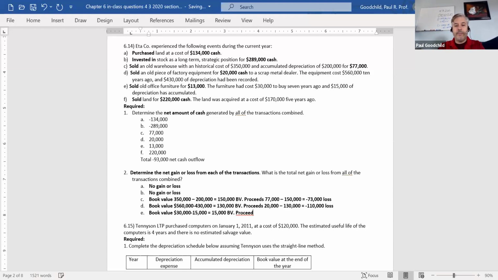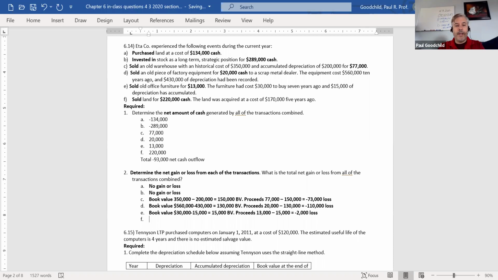Proceeds, 13,000. Oh, sorry, typo. And so we have 13,000 minus 15,000 equals minus 2,000. And that's a loss.